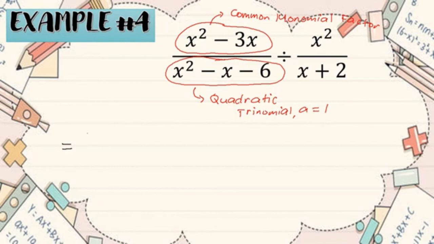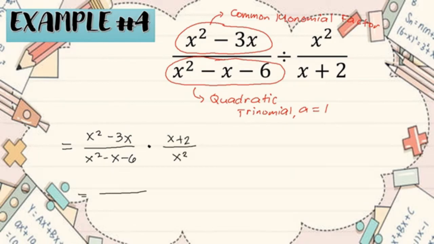Copy the dividend, x squared minus 3x over x squared minus x minus 6. Change the operation to multiplication and get the reciprocal of the divisor. So the reciprocal of that one is x plus 2 over x squared. Now, start factoring.